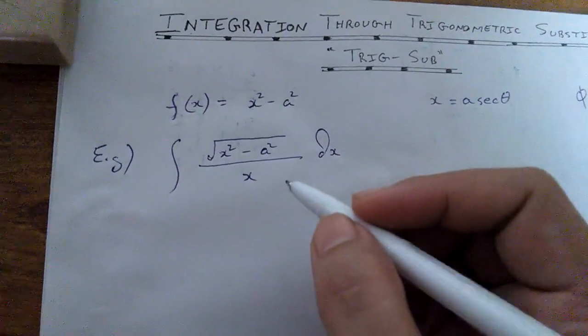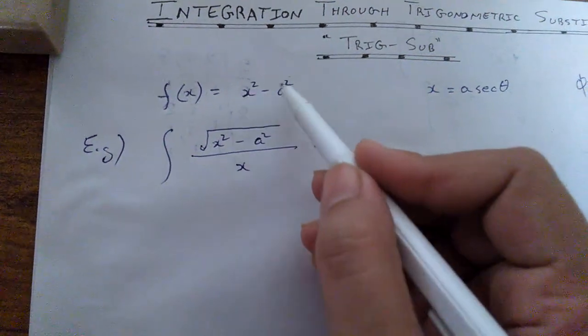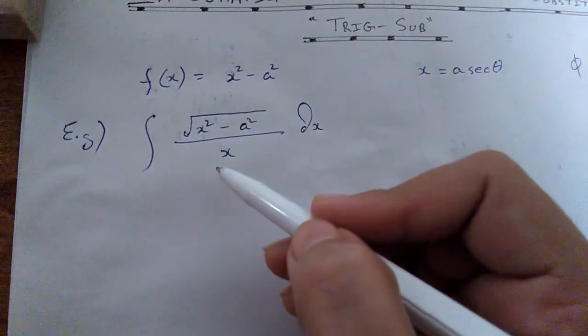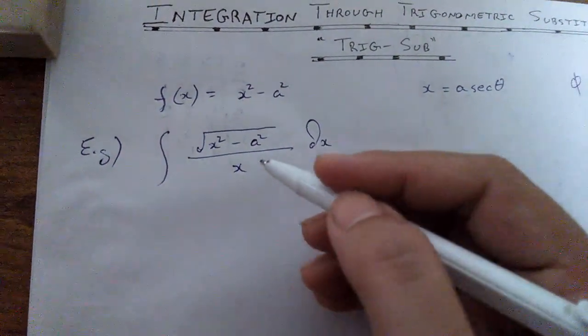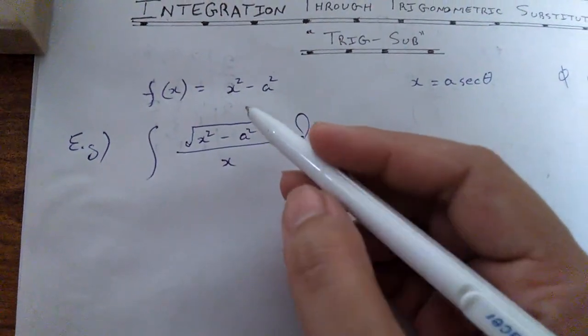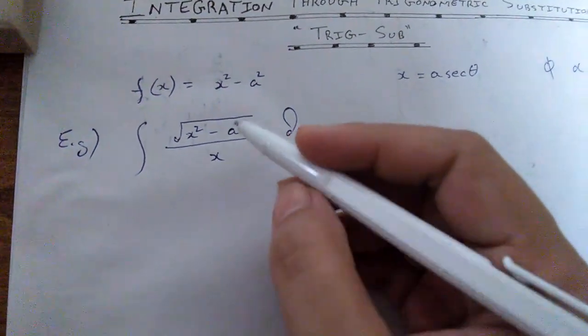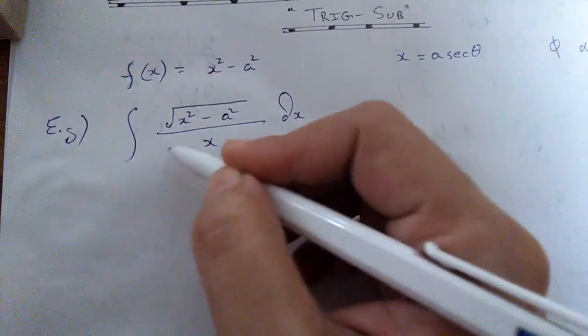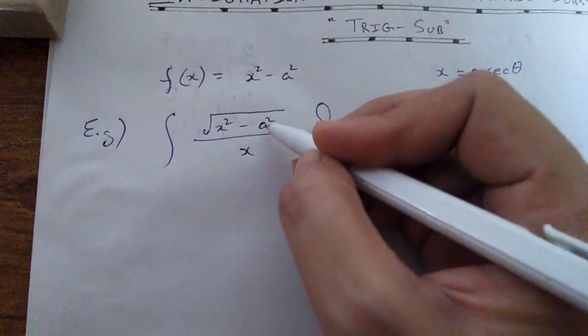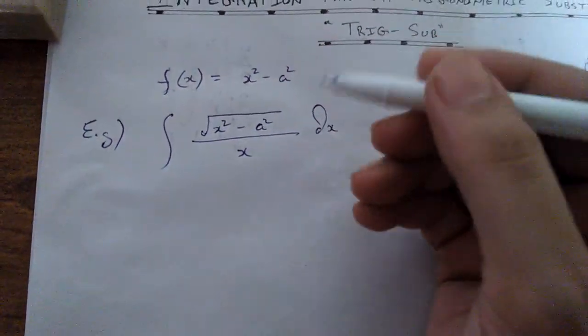Remember that this format can occur either in the numerator or in the denominator. There's no restriction that it has to be in the numerator. It can be in the denominator as well. And here a is a constant number, any real number.